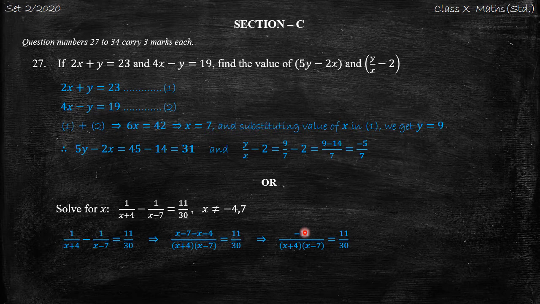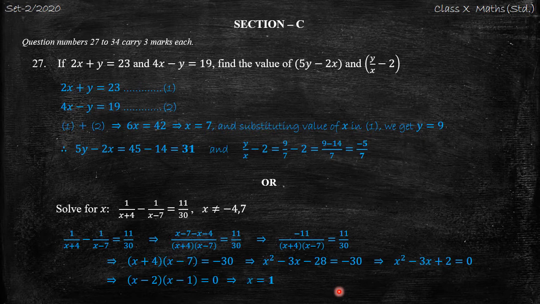Now here this 11 can get cancelled and you cross multiply. You will get a quadratic equation now. So to solve the quadratic equation, you know that you need to factorize it. So x equal to plus 1 or plus 2.